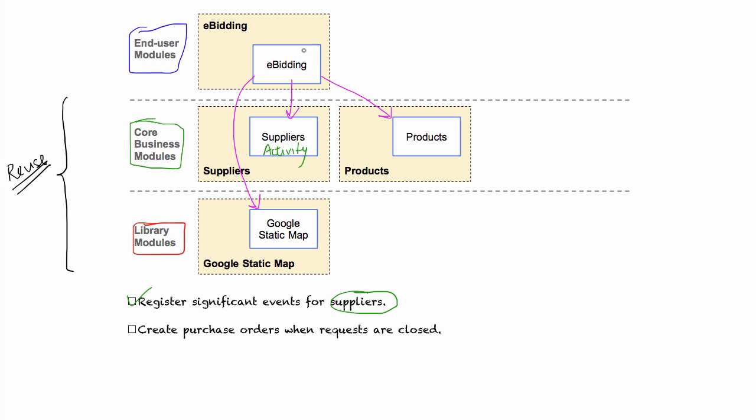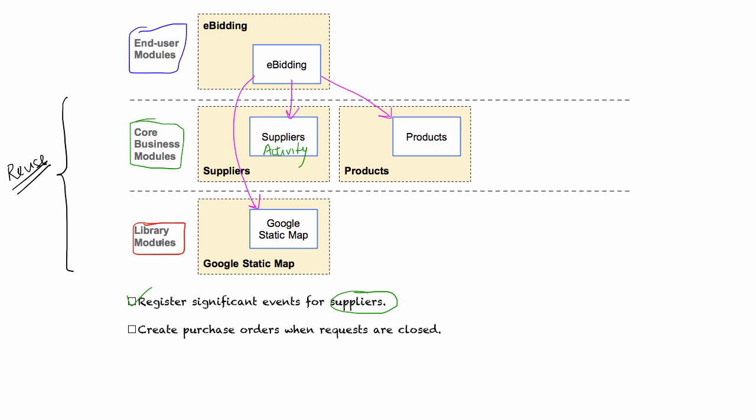Well, I want to create a purchase order in the e-bidding application, but I may have other applications that have the same need to create a purchase order, just on a different event other than the request being closed. So this is a functionality that I may want to reuse in my applications. So this is reusable. It should be placed in one of these two bottom layers.